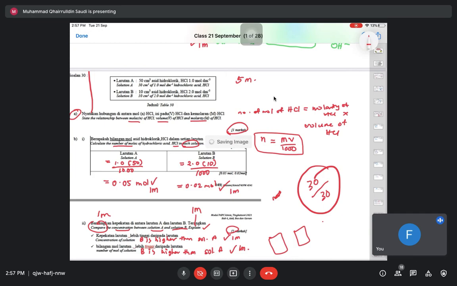I have already assigned the homework 4 for you guys. Terus yang mana yang dah siap, terus calculate your marks and then capture your mark works, upload it in the Google Classroom, and then you are done for today's class.